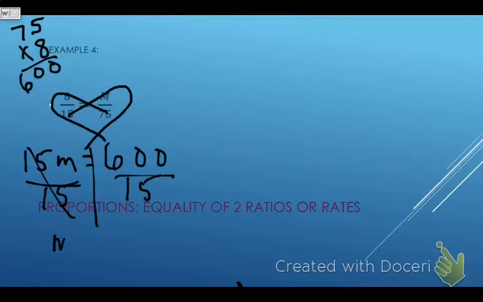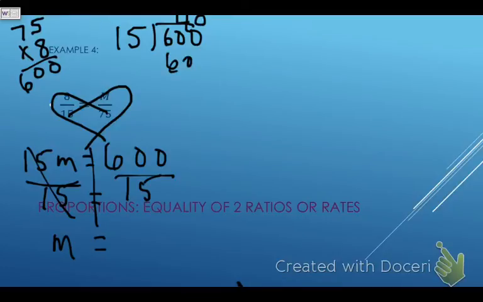And m equals, let's see, 600 divided by 15. Well, if I took out my calculator, I could figure it out. But I know that the answer is 40. So m is 40.